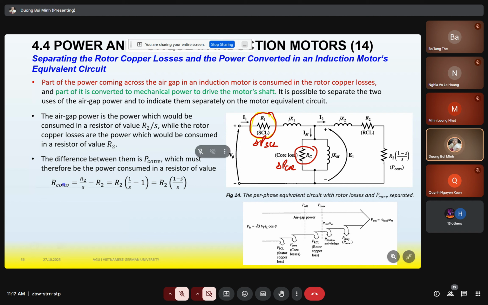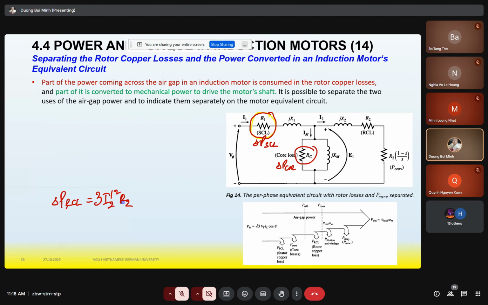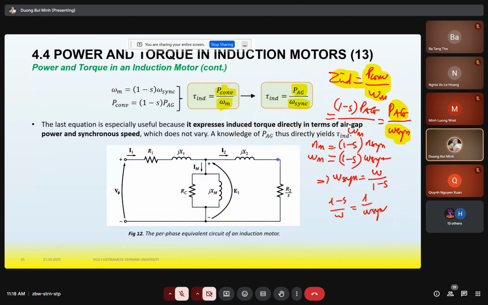Okay, so if we would like to calculate delta P_RCL, delta P_RCL is what? Is 3 I2 square R2, right? We need to know R2. But for the equivalent circuit, we don't have R2. We only have R2 over S, right?